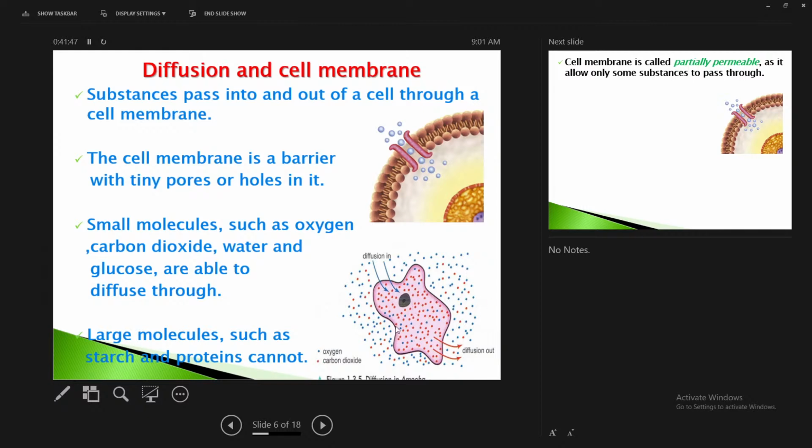So that is why the place of high concentration for the red dots is inside the cell. Diffusion will cause these two gases to exchange, meaning that the cell will now get some oxygen, and it will get rid of the carbon dioxide.